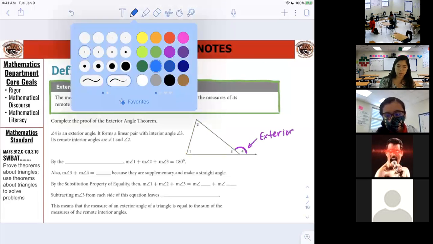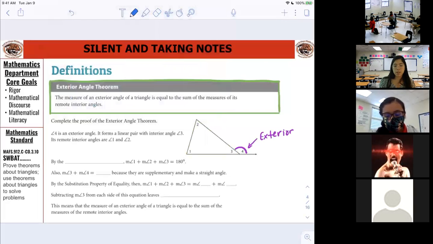There's only, remember, remote is very specific. Can somebody else clarify which ones are the remote interior angles? Oh, Emily already said them there. Yeah, Emily typed it in the chat. So let's read it again.